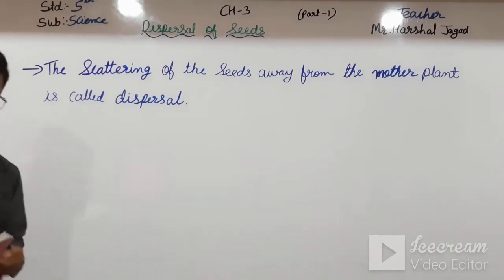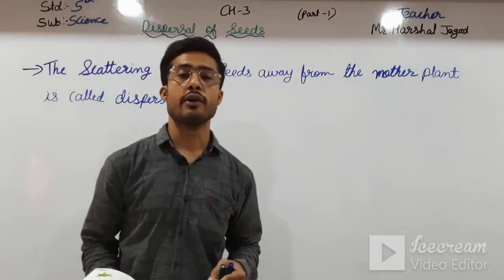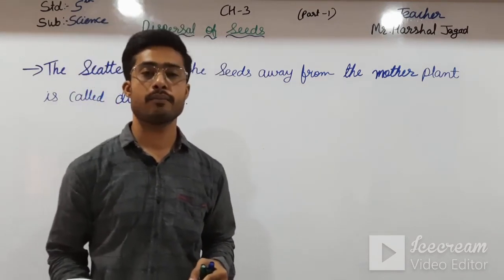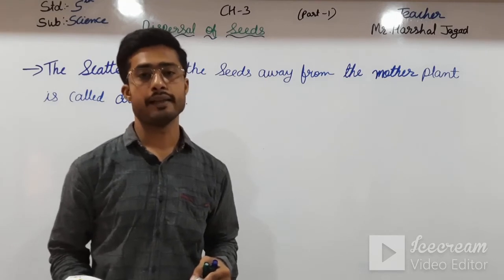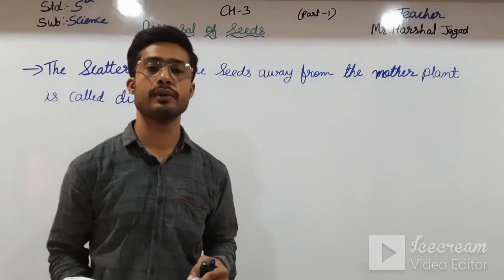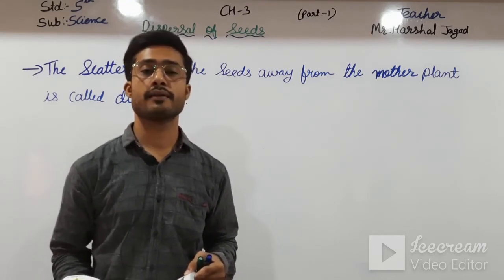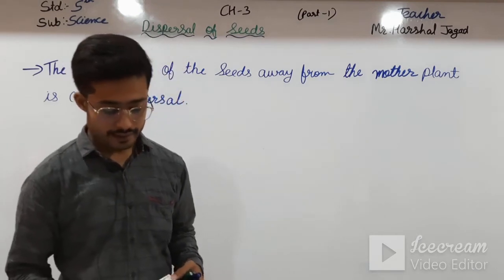Why is dispersal of the seeds needed? When overcrowding of plants occurs in an area, due to this overcrowding we have to disperse the seeds. Here I am reading that again.